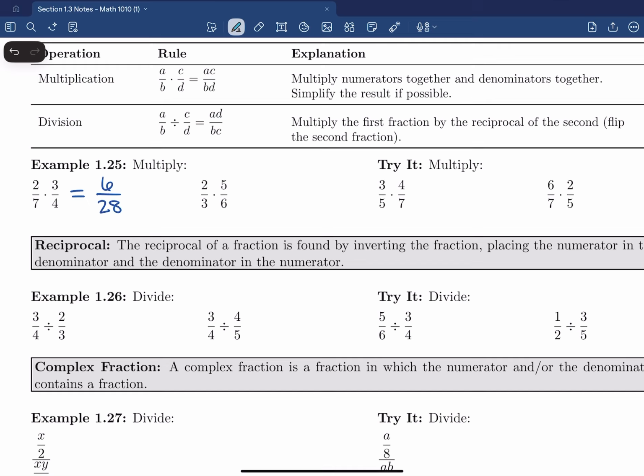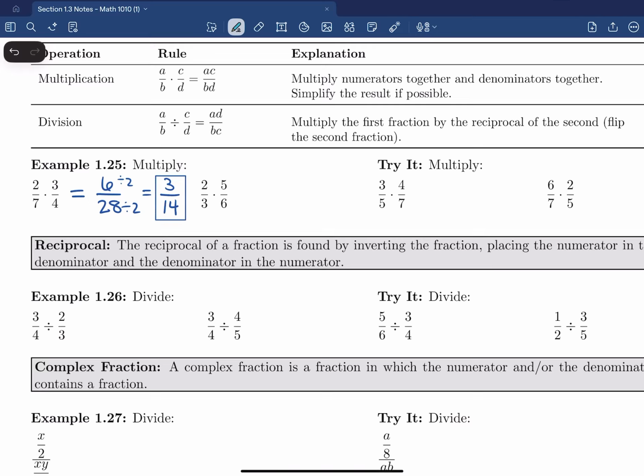Now, 6 and 28, they share a common factor of 2. So I'm going to think of just dividing a 2 out of the top and bottom to reduce the fraction. So 6 divided by 2 is 3, and 28 divided by 2 is 14. This is reduced, fully simplified.